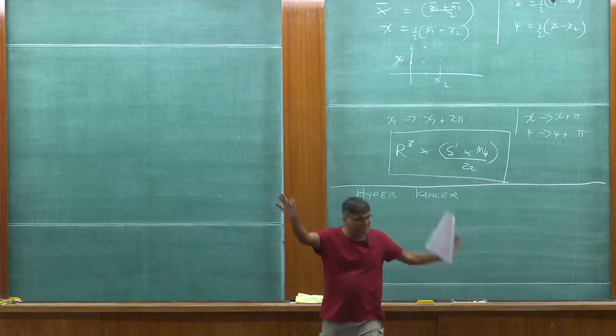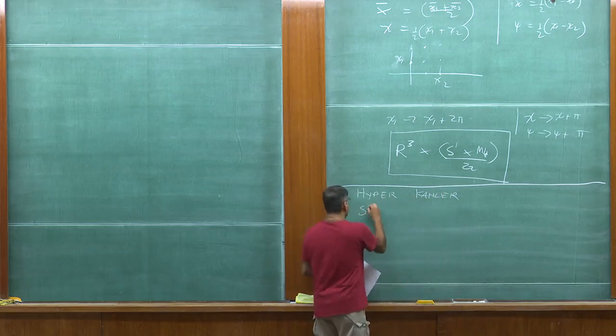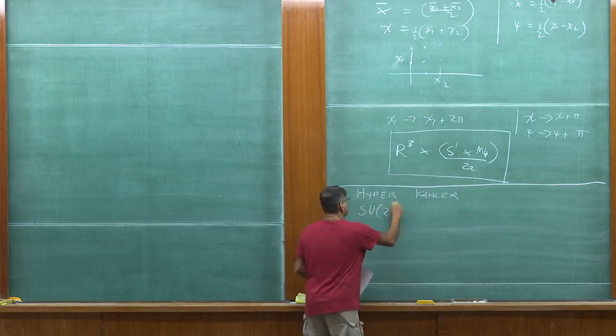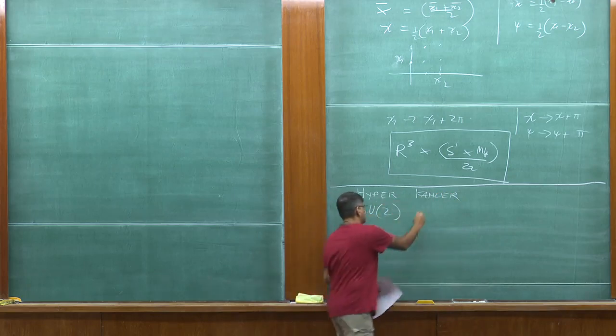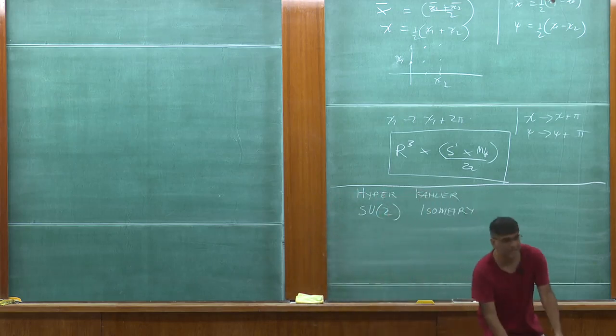This gave them some restrictions. Then they used the fact that it had to have an SU2 action on it. That there had to be an SU2 isometry on it. How do we know that there's an SU2 isometry?